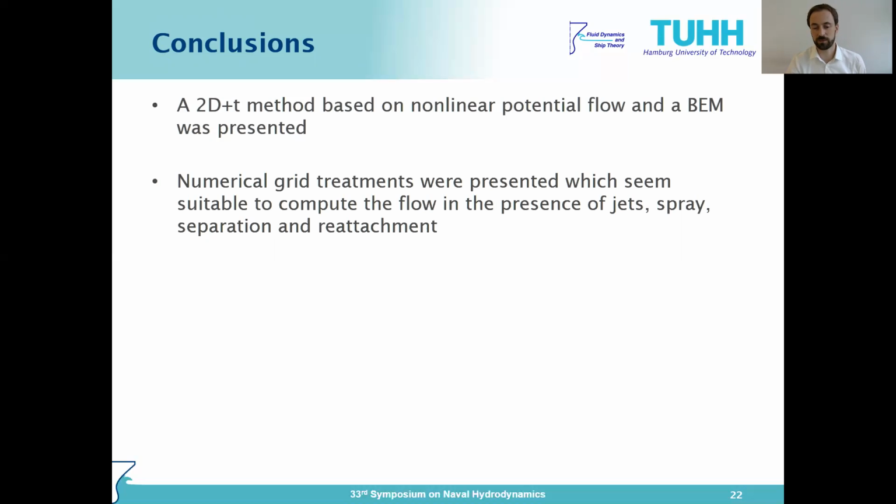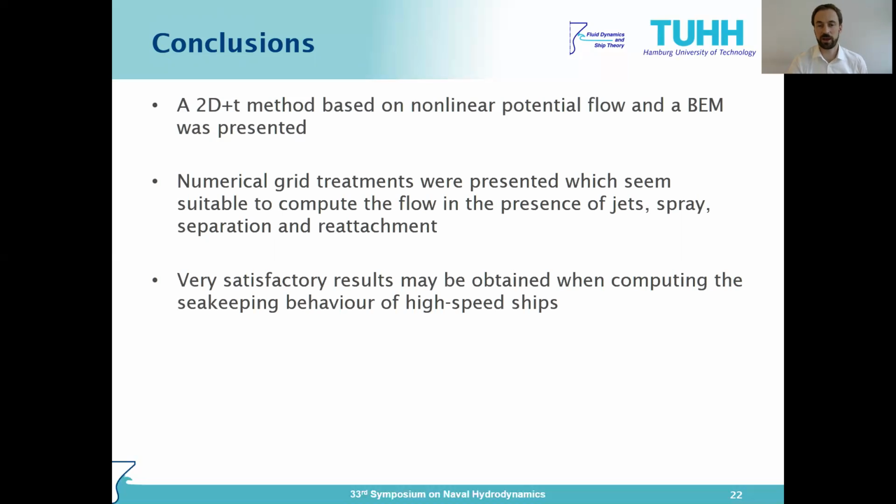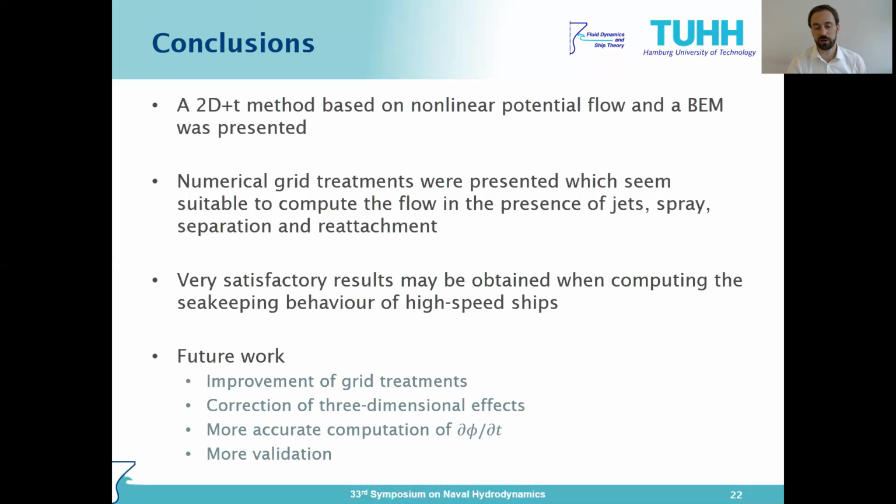We presented grid treatments that can compute the flow in the presence of jets, spray, and separation and reattachment, and it was shown that satisfactory results may be obtained when computing the seakeeping behavior of high-speed ships.